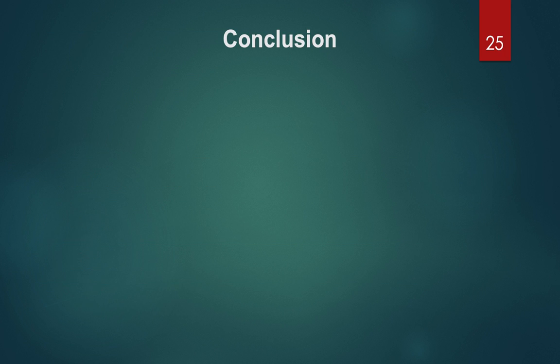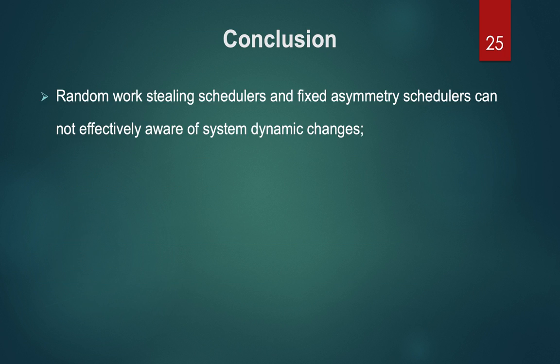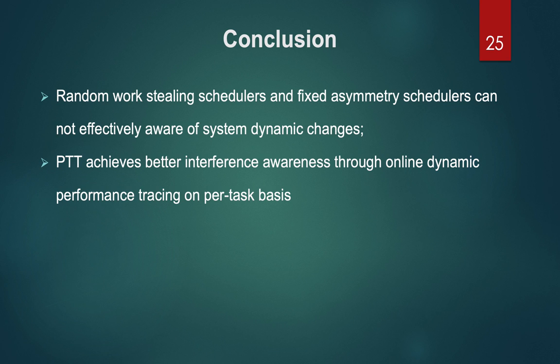Finally, the conclusion. Firstly, our experiments indicate that random walk stealing and fixed asymmetry cannot effectively be aware of system dynamic change and interference. Secondly, the PTT is developed as an online dynamic performance tracing model on a per-task basis, and the results show it achieves better interference awareness by tackling two types of interference, DVFS and co-running background activities.